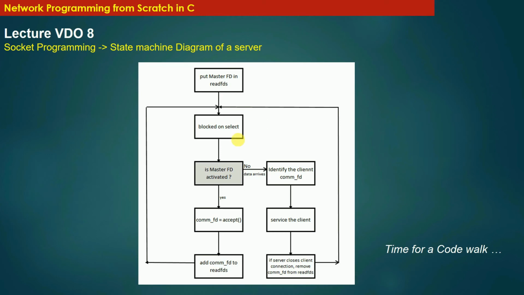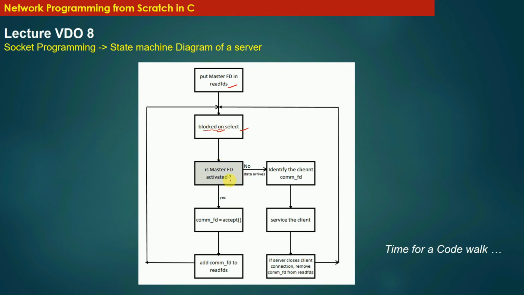So what we discussed in the previous slide, I have captured that in the form of a flowchart here. The first thing that the server does is to create a master socket file descriptor and put it in the read FDS set, right? And then select system call is called on the read FDS set, and the select system call is a blocking system call, so it is blocked.